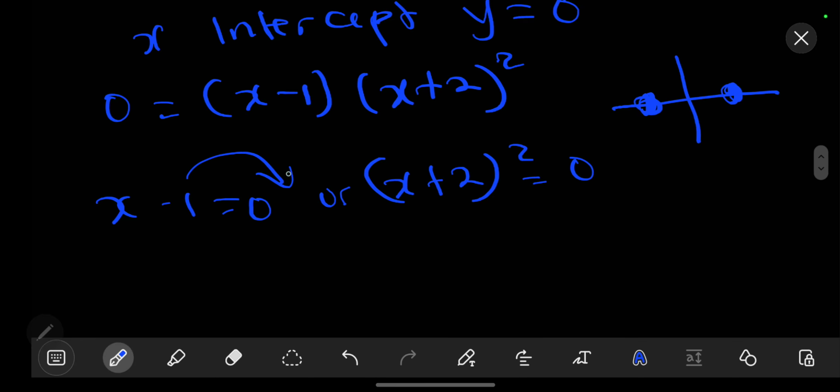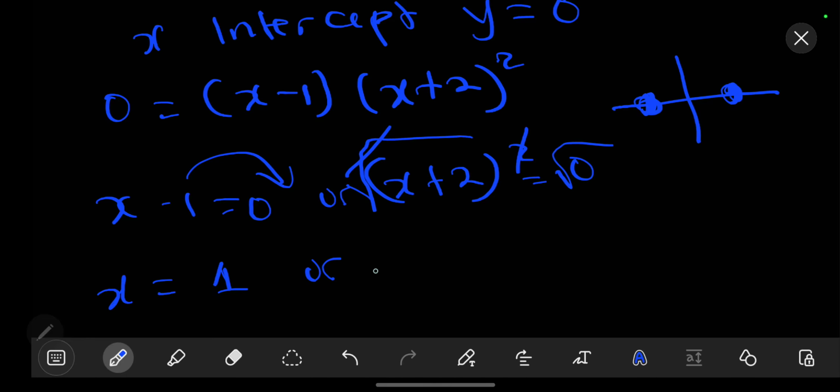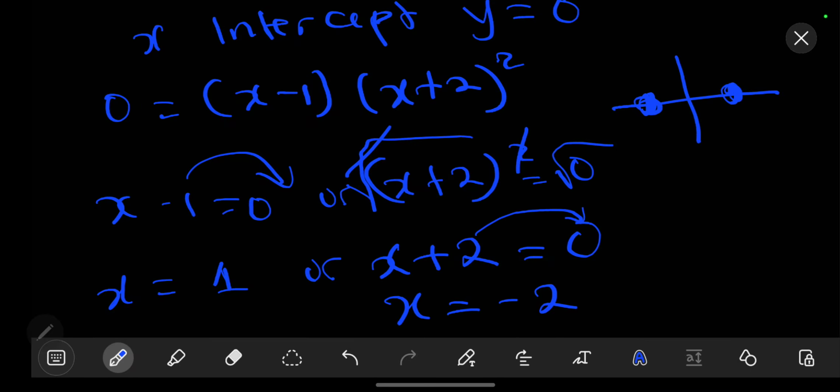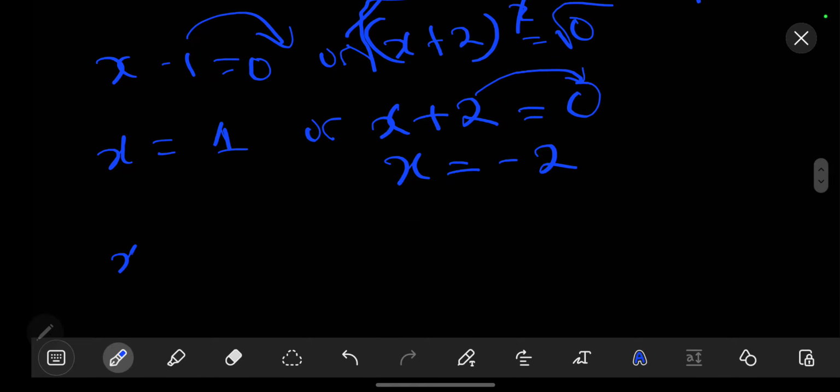Taking the one this side, we have x equal to 1, or we find the square root to eliminate that, so we have x plus 2 equal to 0. Taking the 2 to the other side, it will be equal to negative 2. So these are our x-intercepts: x is equal to 1 and x is equal to negative 2.